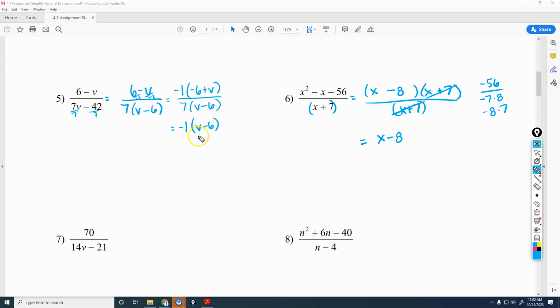I could switch the order. It's going to be v minus 6, 7 over v minus 6. I could cancel those, and I would just get negative 1/7 for that. So if you run into one like that, that will not cancel because they're just backwards, try factoring out that negative 1, and I'll get it to match.